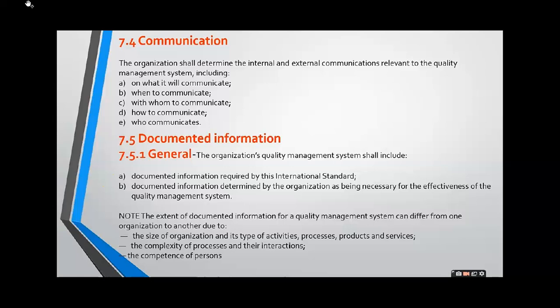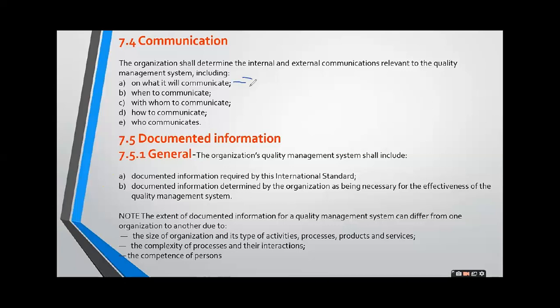Okay, so clause number 7.4, communication, states that the organization needs to have a defined communication strategy for their QMS. So I guess there are five parts. Let's go one by one. Part A is what to communicate.